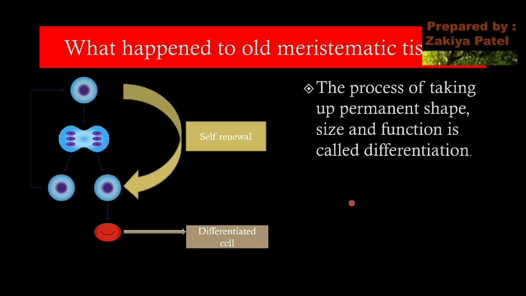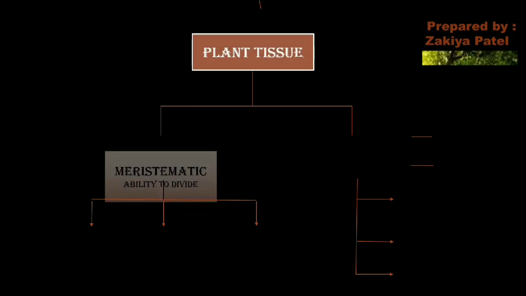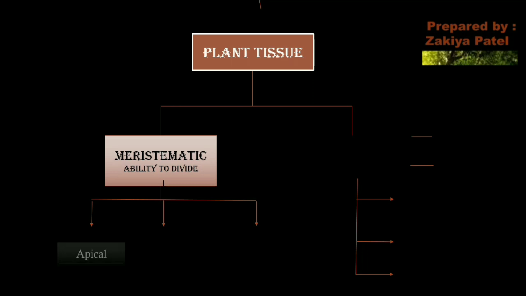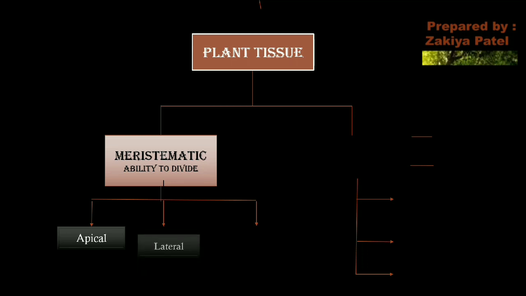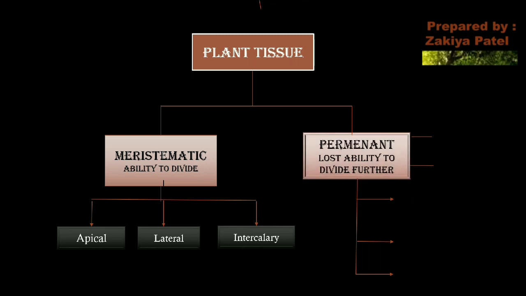Okay, so now we will move on to the permanent tissue. Meristematic tissue has three different classifications: apical meristematic tissue, lateral meristematic tissue, and intercalary meristematic tissue. The second main type of tissue is permanent tissue, which loses the ability to divide further.